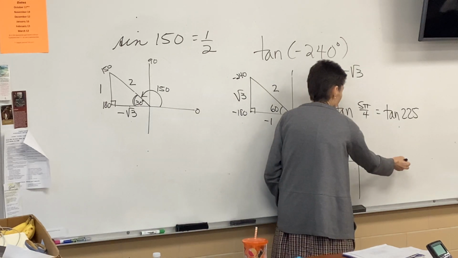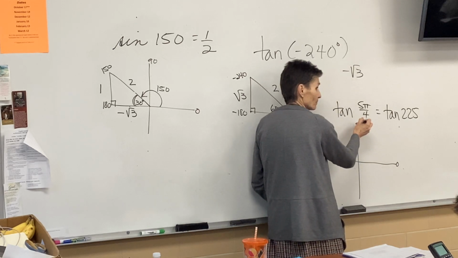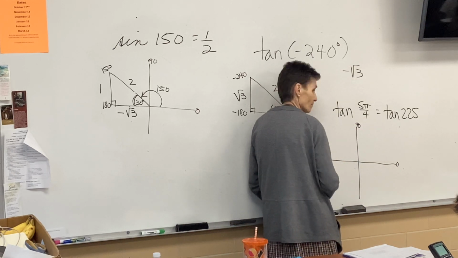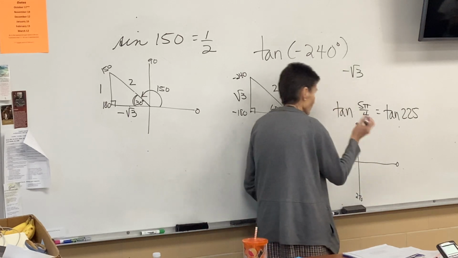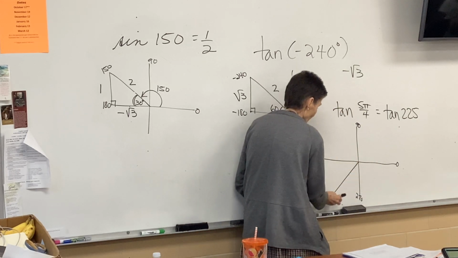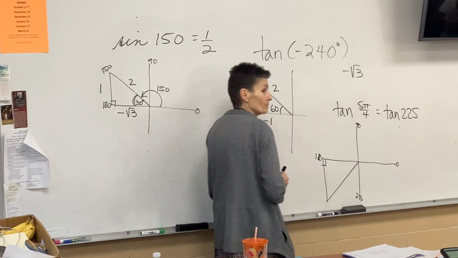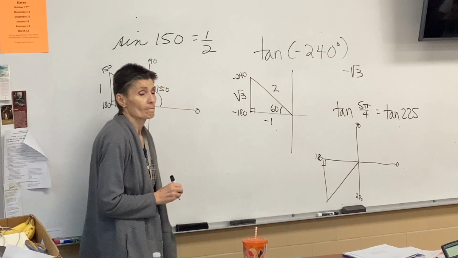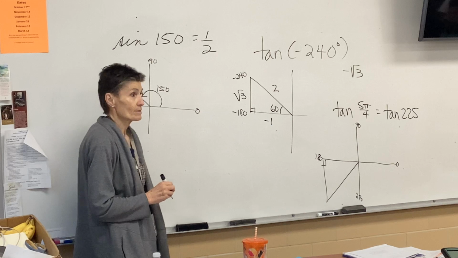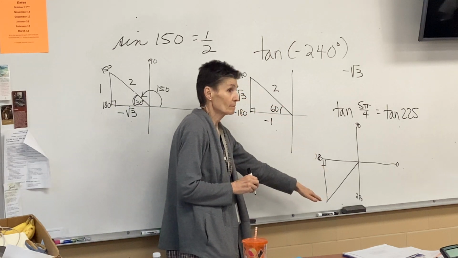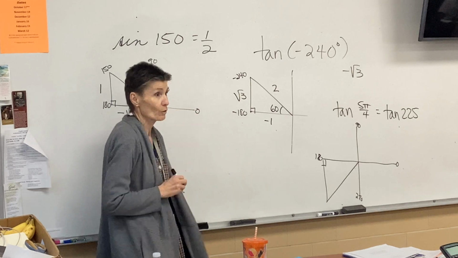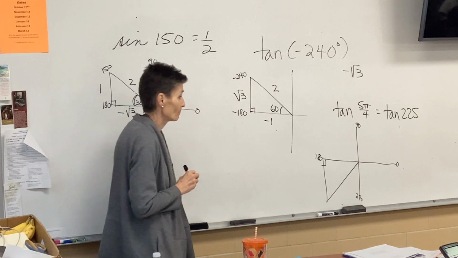Well, here's 90. Here's 180. Here's 270. Whoa, too far. Isn't 225 down here in quadrant 3? Guys, 225 is between 180 and 270, so you're drawing your angle in quadrant 3.